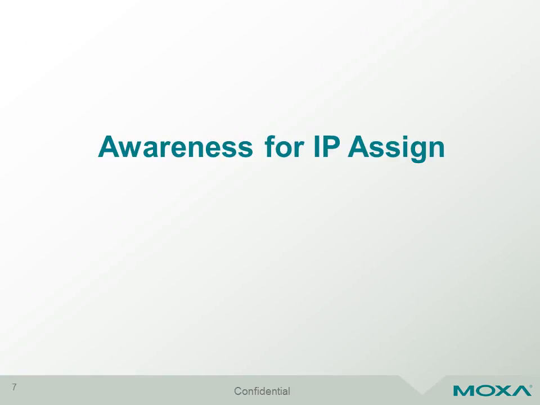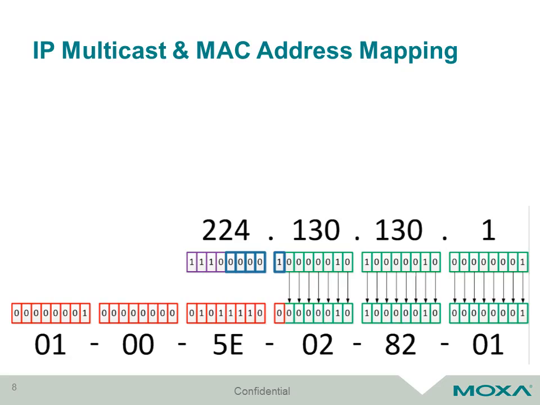Here is an awareness when assigning an IP address to a device in multicast. I try to use animations to help you understand the relationship between IP multicast and MAC address mapping.